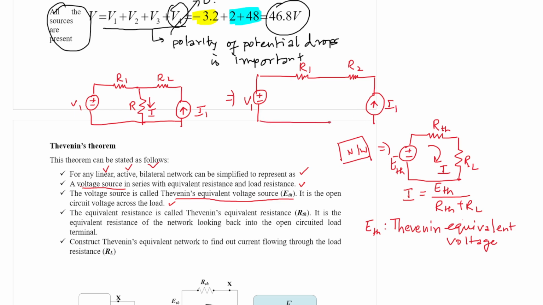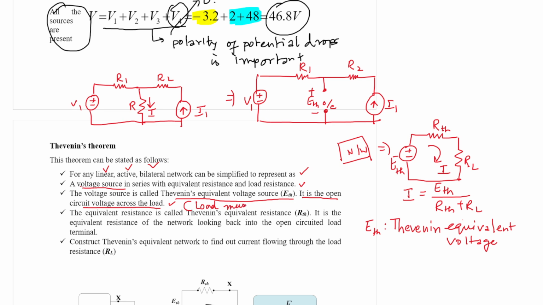The statement is that we first need to make our load open circuited. So the load is open circuited. Whatever voltage appears across this open circuit terminal is called the Thevenin voltage or Thevenin equivalent voltage. So it is the open circuit voltage across the load.